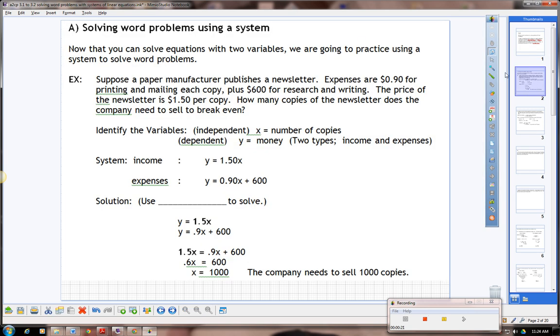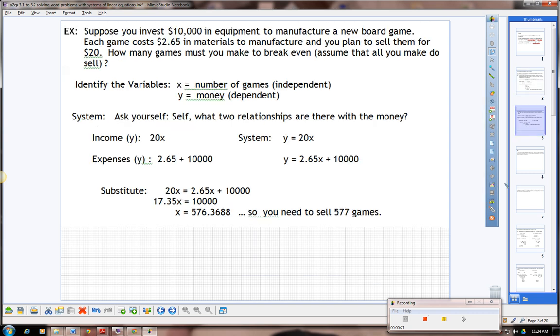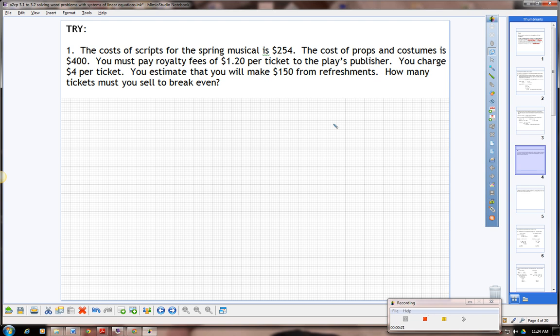We discussed these examples yesterday. They're in your notes. You could go ahead and get your notes out to review what we discussed. We then completed two examples together in class.